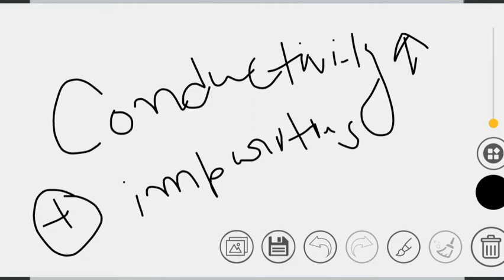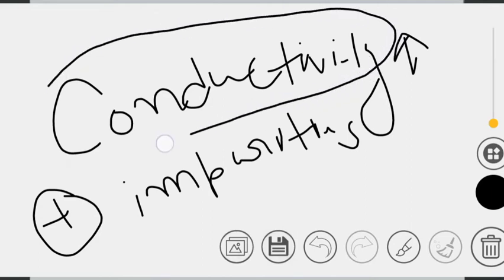We will discuss all the things about doping after a few minutes, but first understand that when we add some impurities in a semiconductor, it increases its conductivity. And because of increased conductivity, its resistivity starts decreasing. We already know that conductivity is inversely proportional to resistivity.